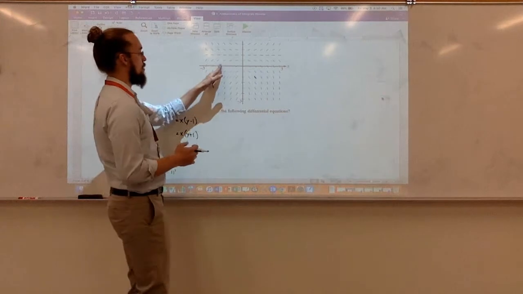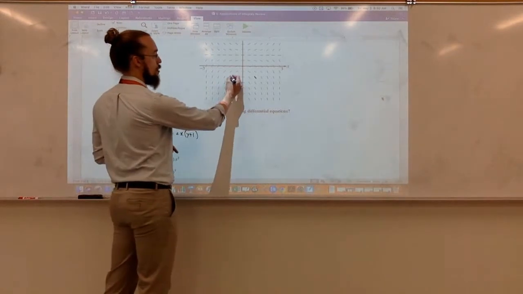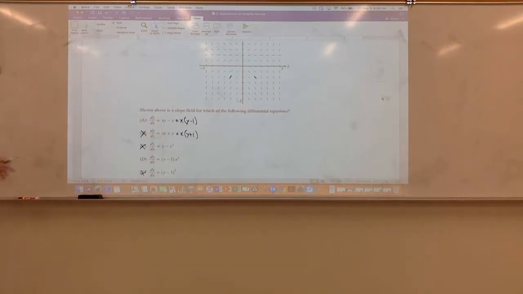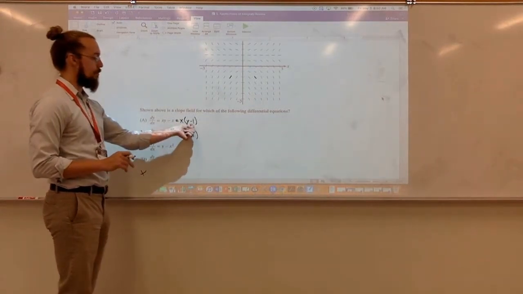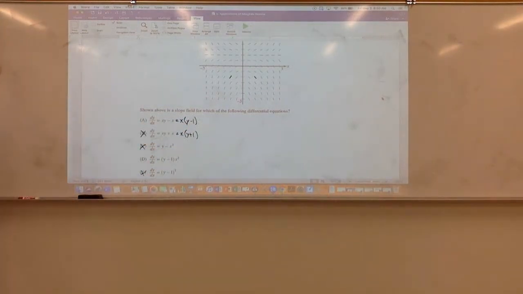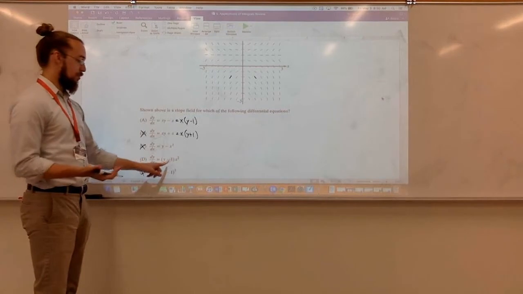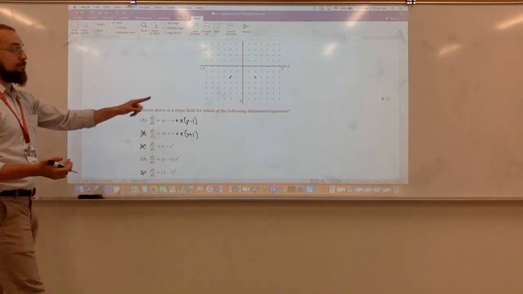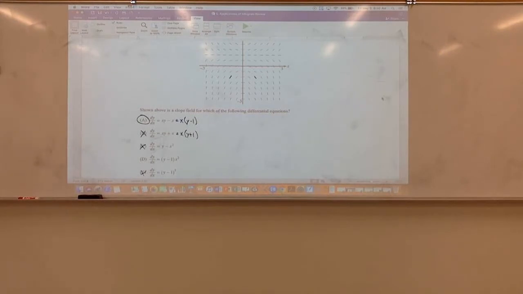So let's go into the negatives. Let's say at (-1, -1). Looks like we have a slope of approximately positive 1, positive 2, something like that. So if I plug negative 1 in here, negative 1 times negative 2 would be a positive 2. Here, negative 1 squared would be positive 1 times negative 2 would be a negative slope. But it's positive. Okay. Does that make sense?